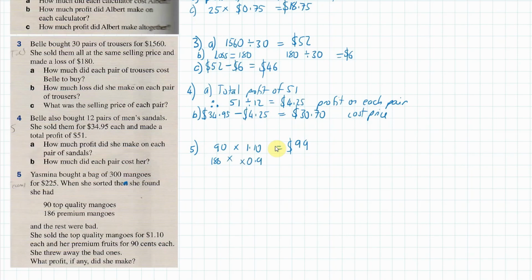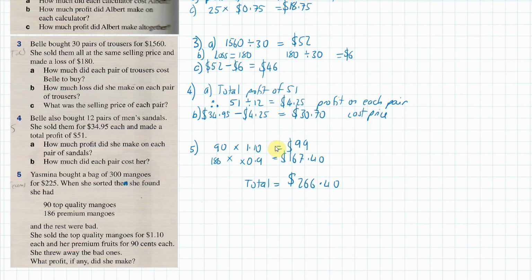So we're going to go 186 times 0.9, and that gives her $167.40. And if we add those together, the total that she sells everything for is $266.40. She threw away the bad ones, so she doesn't make any profit on them.